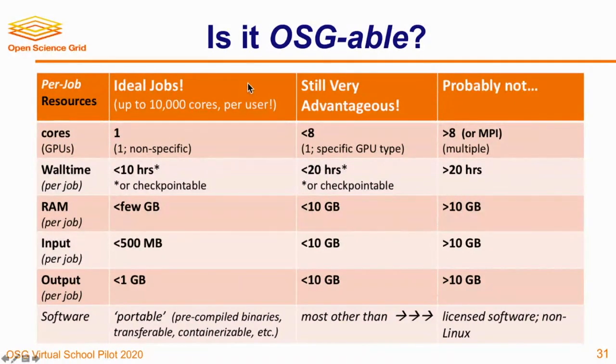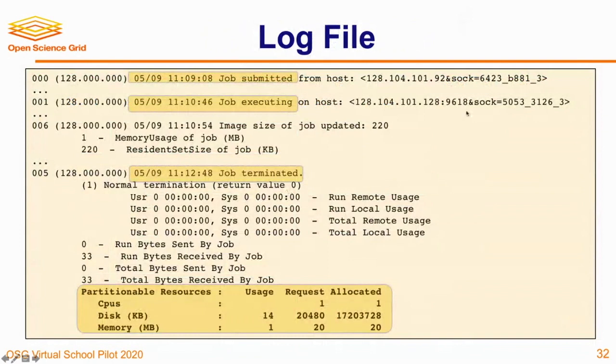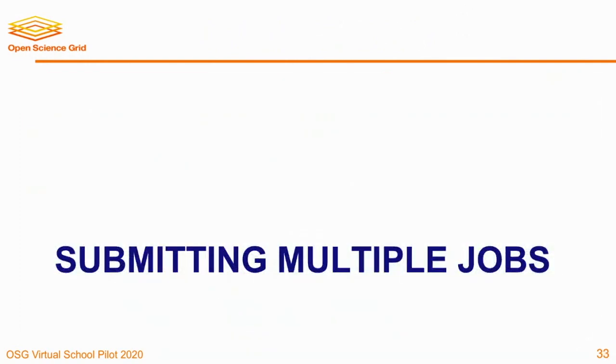And in the Open Science Grid, remember that we've got this table that I showed you yesterday, where this ideal category is kind of what you're aiming for. So again, if your jobs are requesting more memory, more disk, especially in the Open Science Grid, that can significantly reduce the number of slots available to you and therefore the amount of throughput you can get. So only request what you need. Make sure to pay attention to those numbers in the log files when running, say, a small number of test jobs before you submit a really large batch of jobs so that they are optimized to get as much throughput as possible. So let's talk about submitting multiple jobs now.